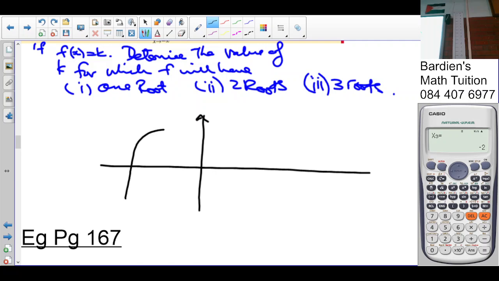Did I draw the y-intercept on that graph? No, I should have.